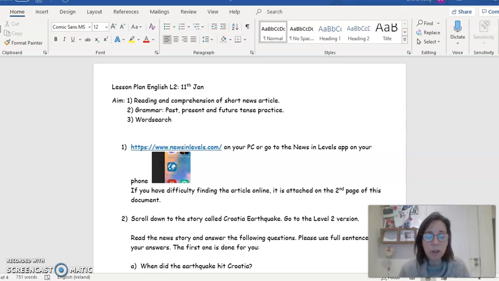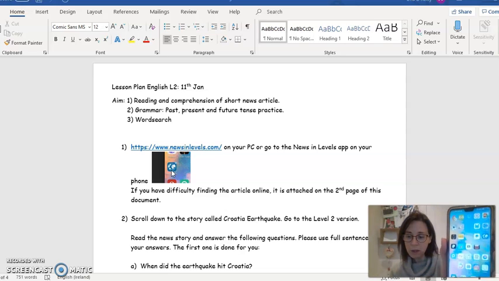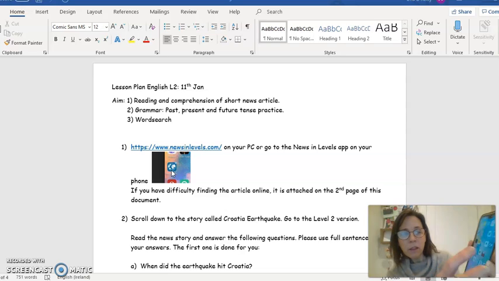So the first thing that I want you to do, if you can see in number 1, okay, this is the News and Levels application that we downloaded on our phones. Do you remember this icon? So I have it here on my phone as well. I'll just show you quickly. I'll turn the phone around in a moment so you can see it, don't worry. Okay, so I don't know if you can see there, it's that icon there.